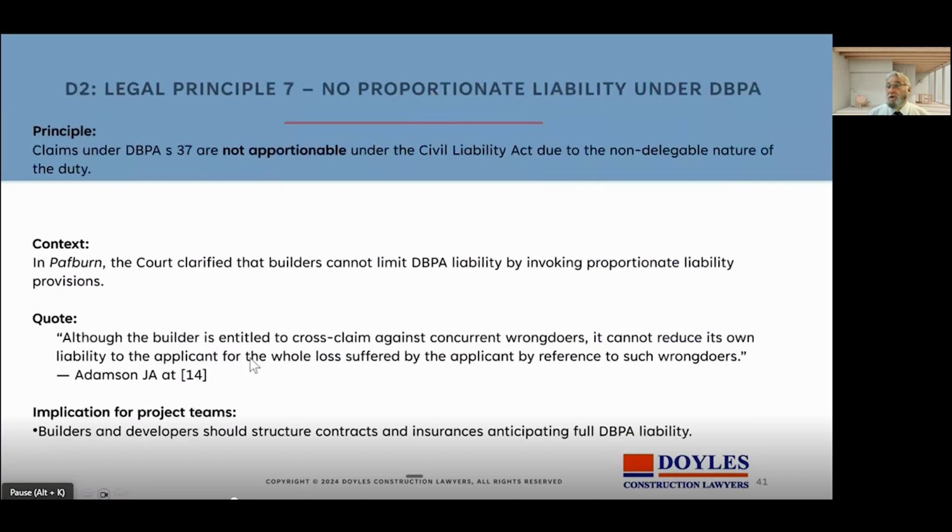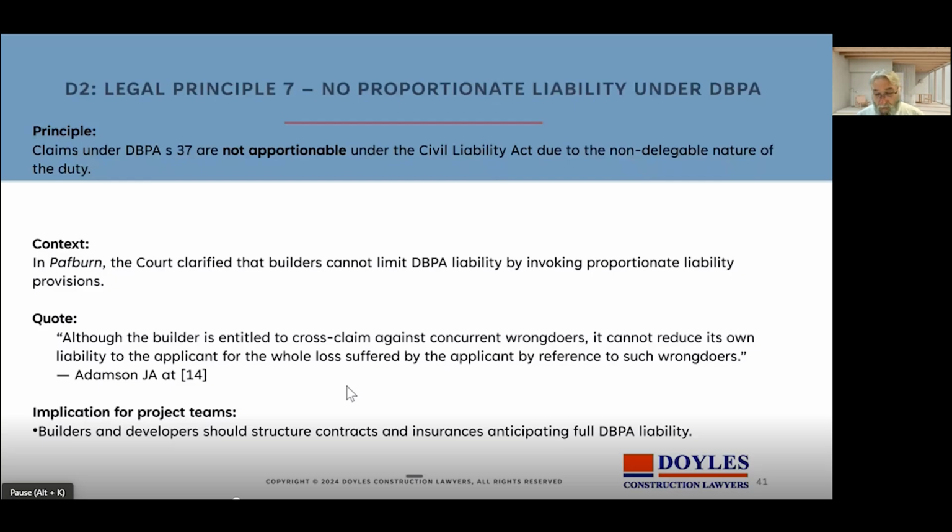They did say it's entitled to cross-claim against concurrent wrongdoers, but it cannot reduce its own liability for the whole loss suffered by the applicant. So it's quite an important aspect, because in other circumstances, proportionate liability allowed people to bear their share of the loss and not the whole loss.